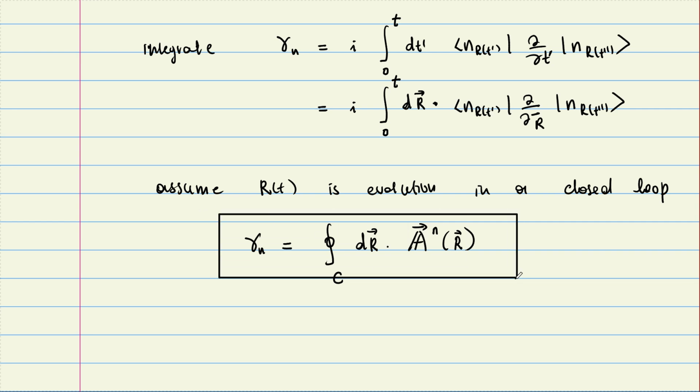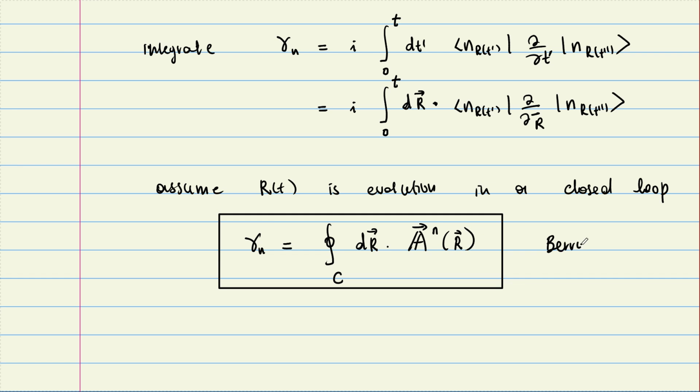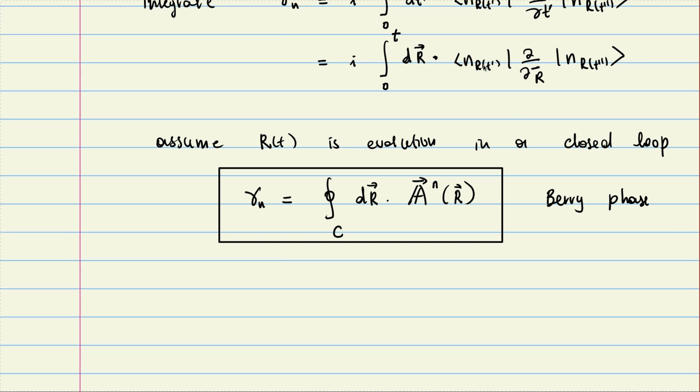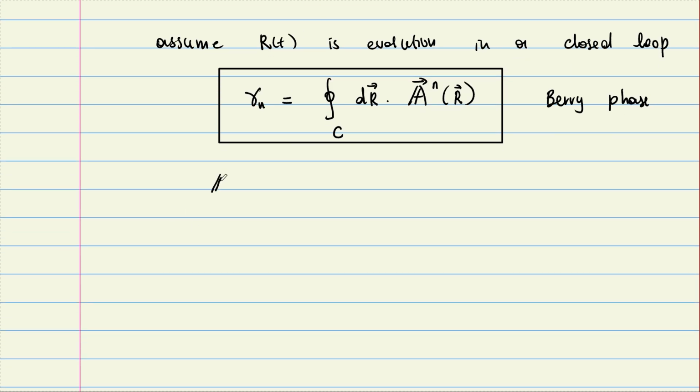So this is what we call the bare phase, and A here is defined from here. A n of r is equal to i times the bra n of r del r the ket n of r.